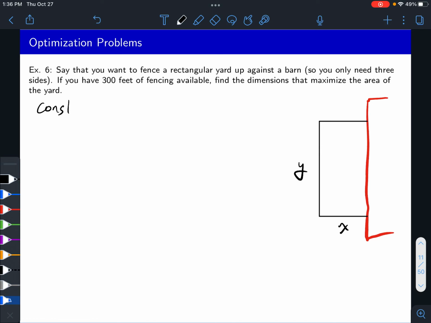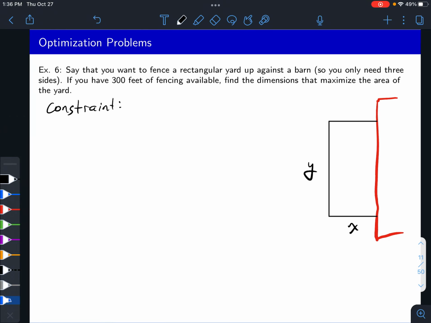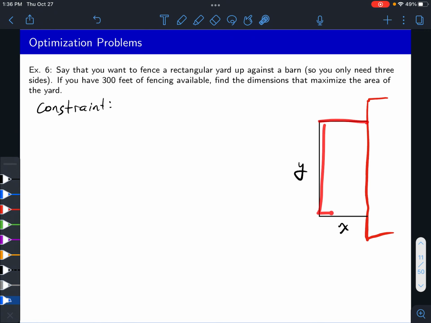All right. So we have 300 feet of fencing available, so that's going to be our constraint. So 300 is equal to the sum of these three side lengths. So it's going to be, we have, this is x, and then we have y. So we have 2x plus y is equal to our amount of fencing.